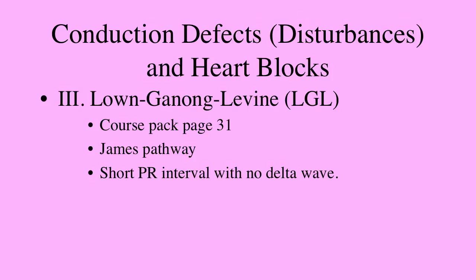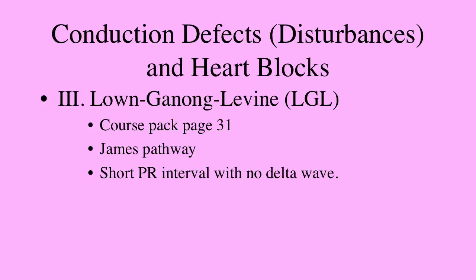So it has a short PR interval, but no delta wave. You usually see the P wave just ending, and then an R wave that comes straight up instead of slurring upward. That's a little less common than WPW, but it is something to be aware of.